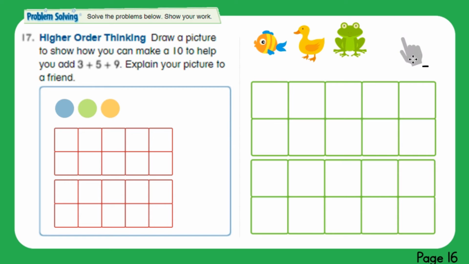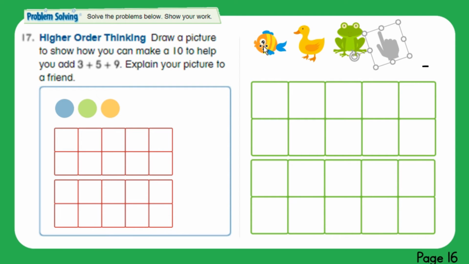So first I'm going to explain with the help of some pictures. Then in your notebooks, it's not necessary that you draw the pictures. You can use simple counters. I'll show you how. Let's start with the pictures first. So first thing is 3 then 5.